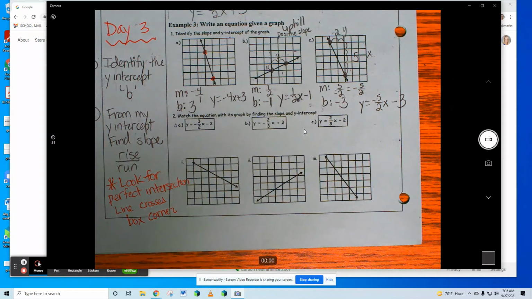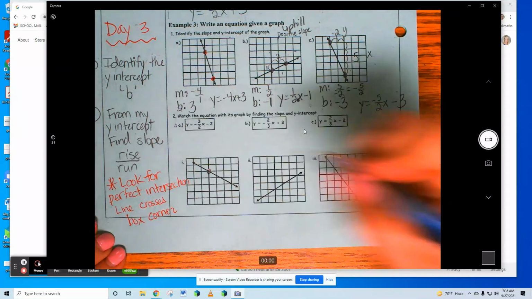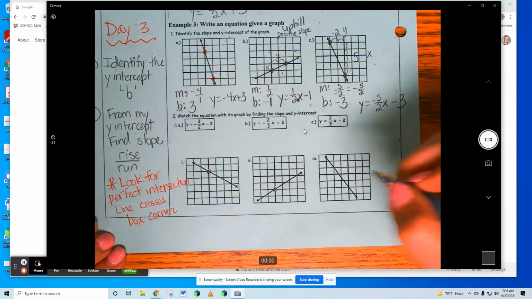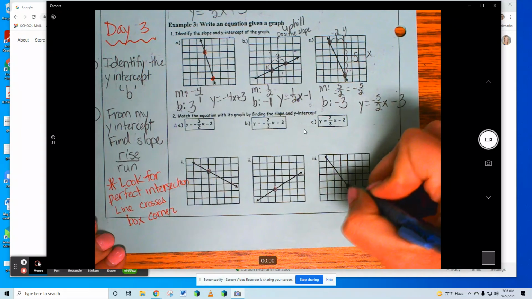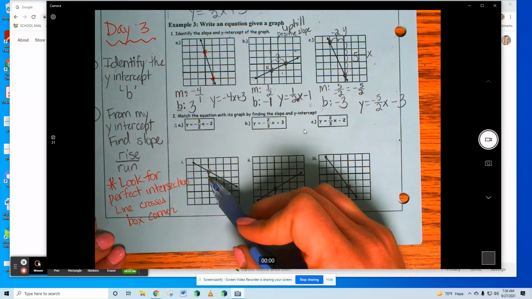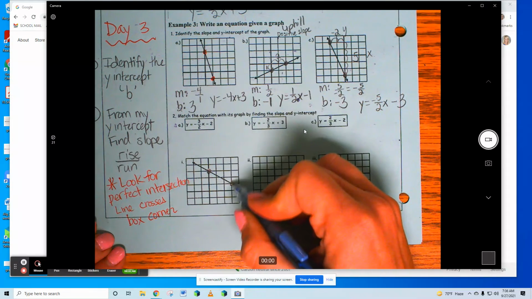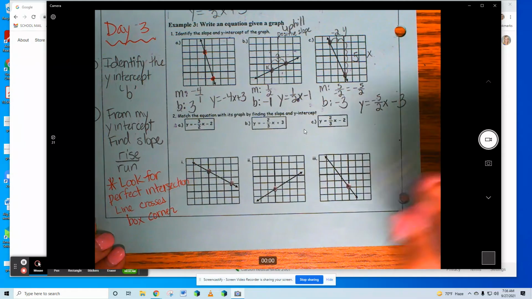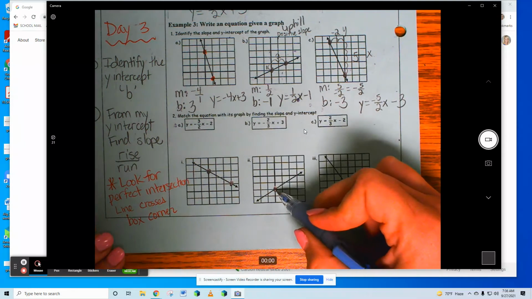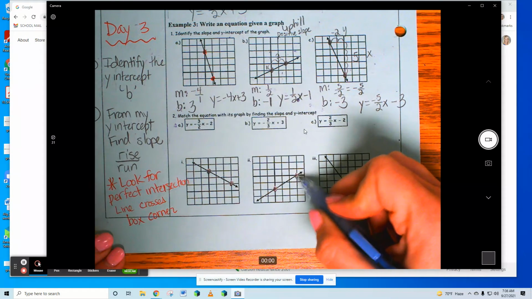Okay, now it's matching. I should go through and make sure I know what my y-intercepts are for these. I also need to make sure I know where another perfect intersection is. No. Oh, here's Roman numeral 1, so I'm just plotting two points. Roman numeral 2, no. Okay, there's a perfect intersection.